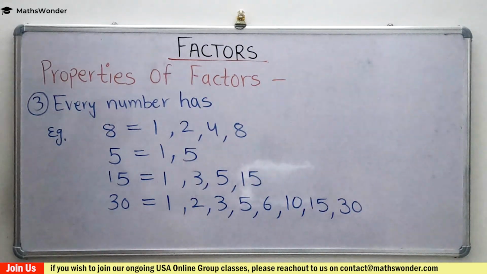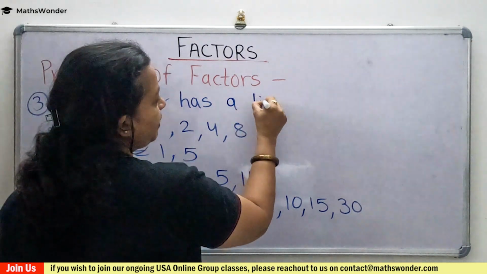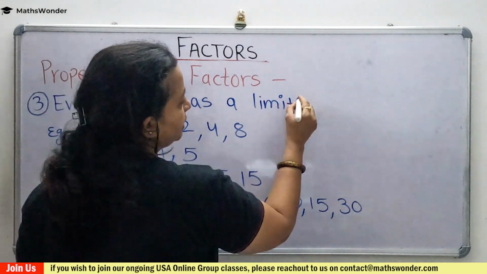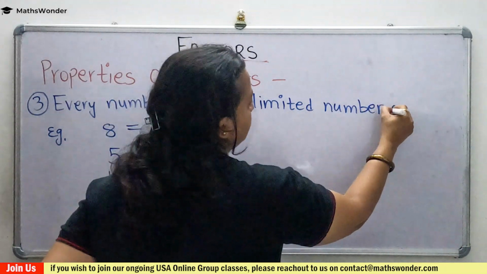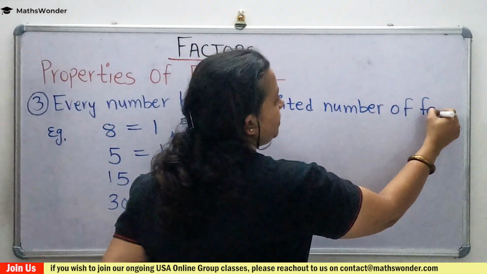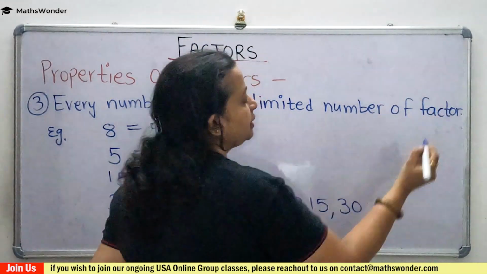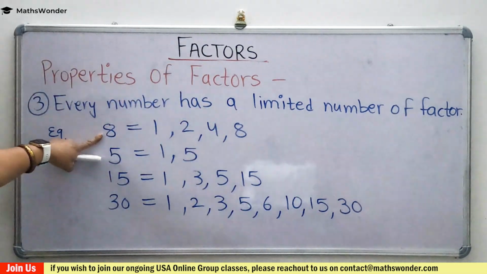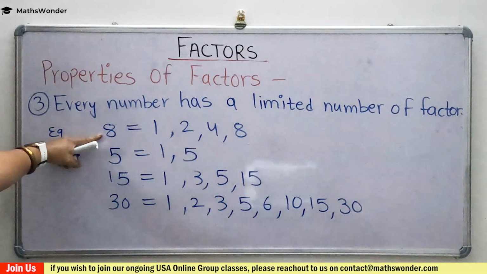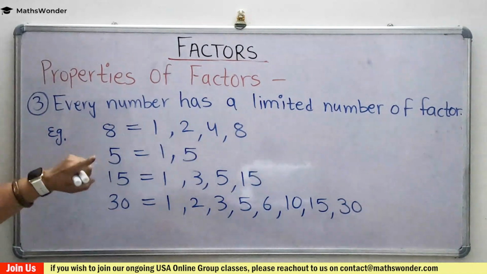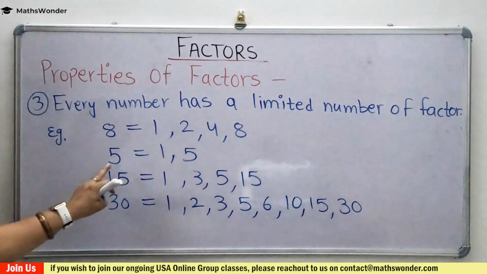So the third property is every number has a limited number of factors. Limited number of factors means, suppose the factors of 8 are 4 in number. How many factors of 8? 4. How many factors of 5? 2.